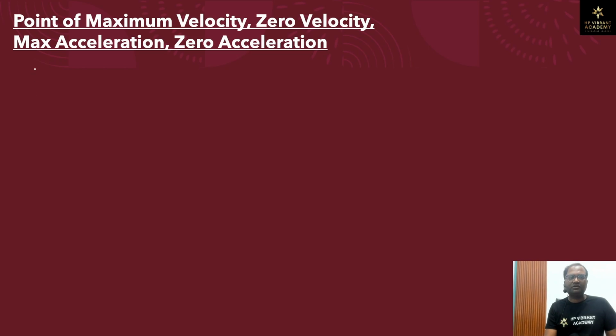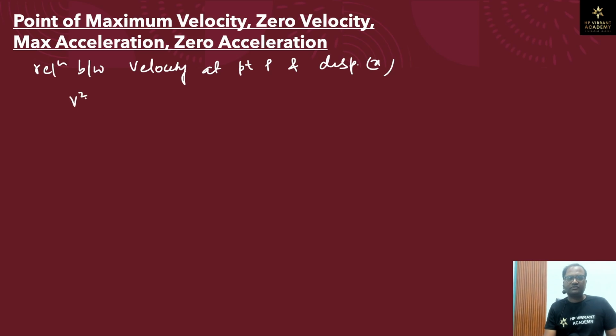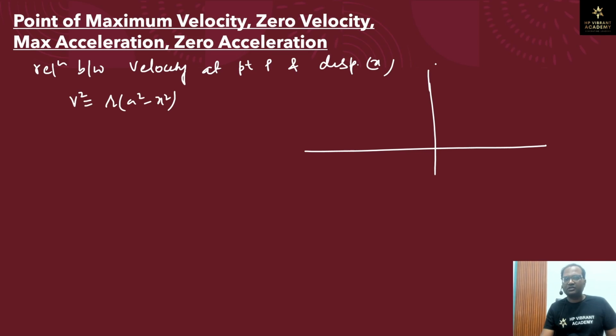We have the relation between velocity at point P and displacement x given by v square is equal to mu (a square minus x square). Let us plot this. This is v and this is x.